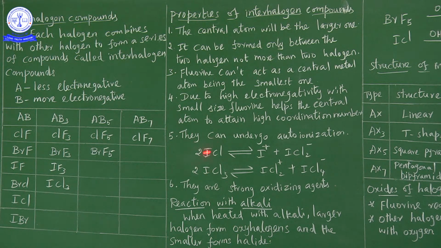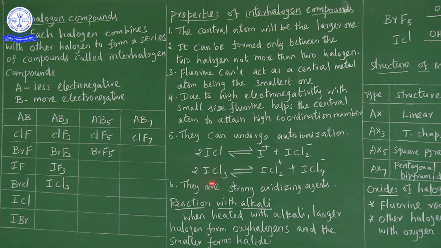Then they can undergo autoionization. Without heating, they spontaneously ionize. For example, iodine monochloride, 2ICl, spontaneously undergoes ionization, that is autoionization. It forms I plus cation and ICl2 minus anion.